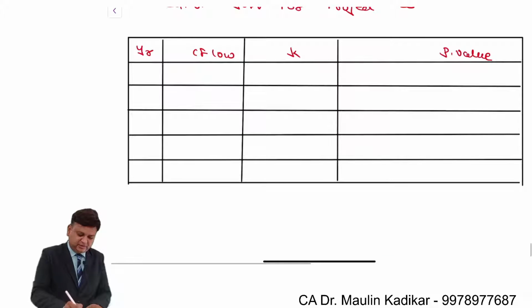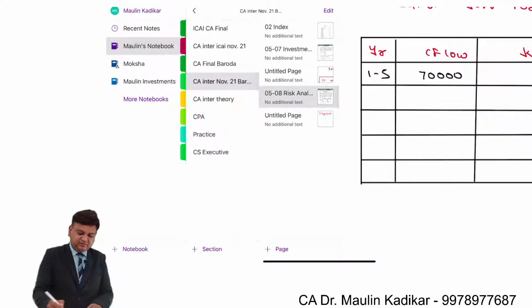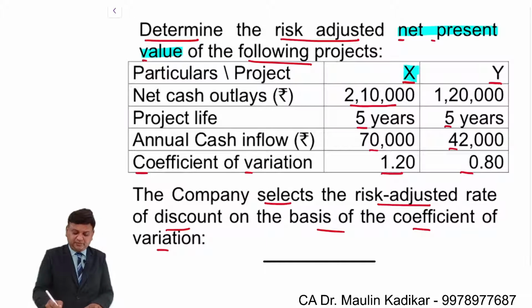First of all, I am explaining for project X. Year 1 to year 5, the cash flows are 70,000. Importantly, we have been provided with the coefficient of variation of project X. It is 1.20.